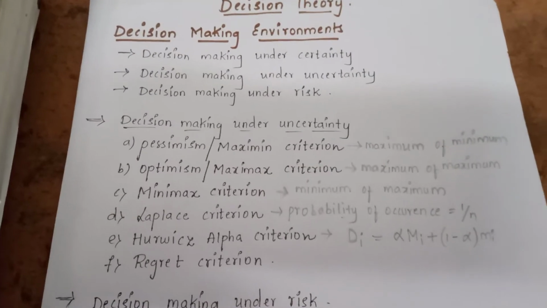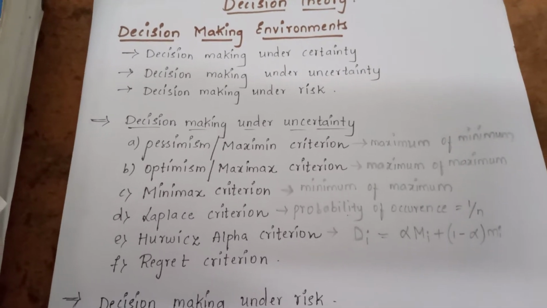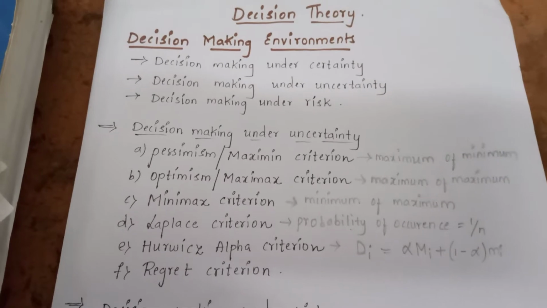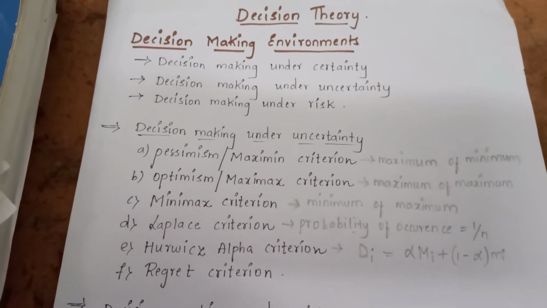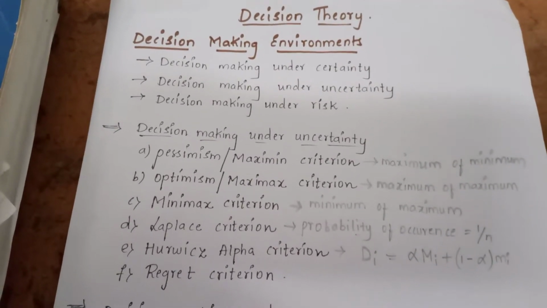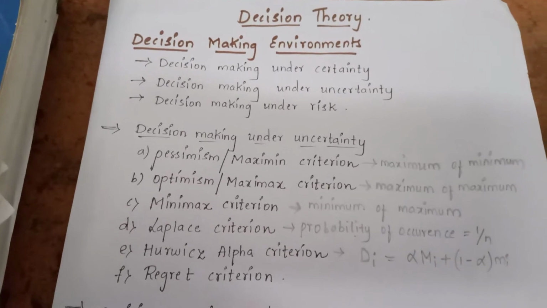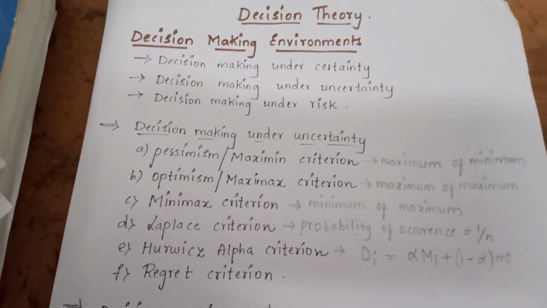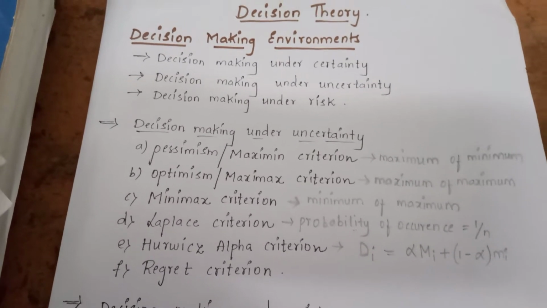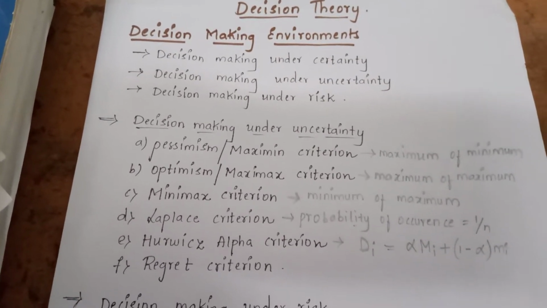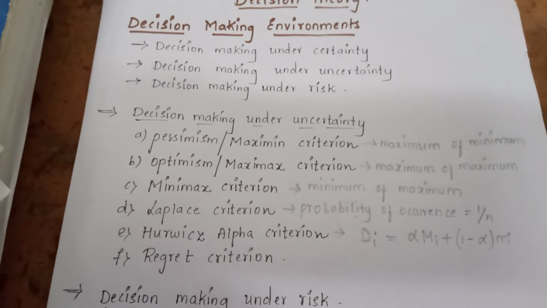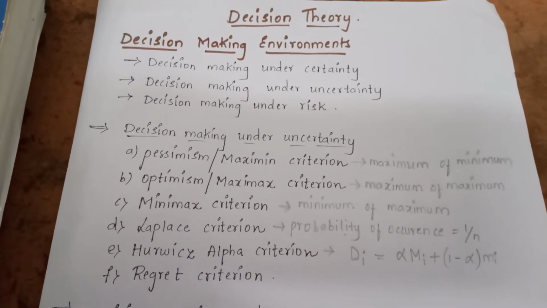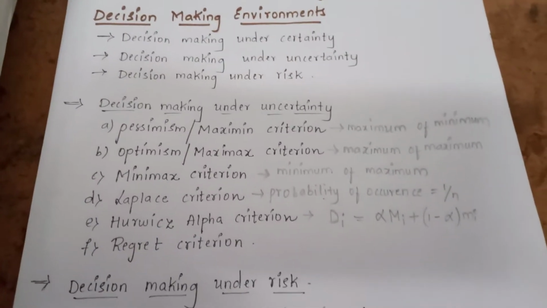For example, if a company is launching a new product, or a new plant is being set up, or a company is entering a new market, then the decision maker doesn't know what the future might hold. That situation is known as decision making under uncertainty, where the future is uncertain. Here the choice of decisions largely depends on the personality of the decision maker.